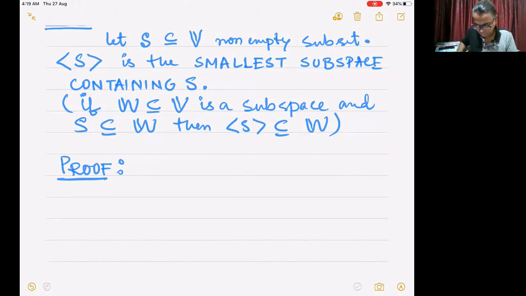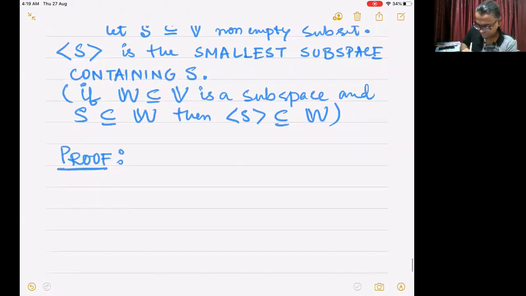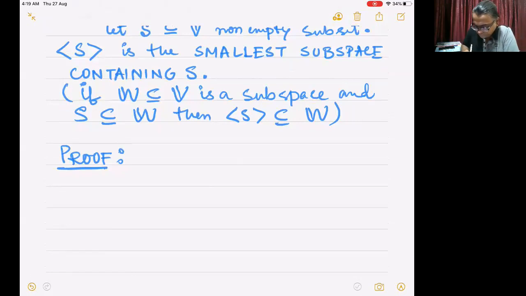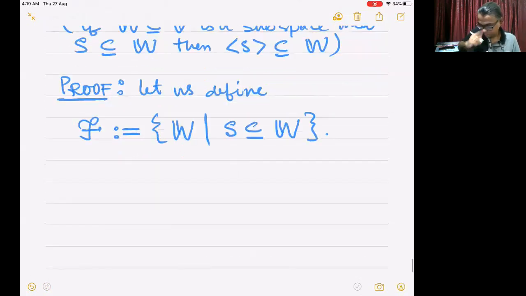Let us define the following family, that is, a collection of all W such that S is contained in W. Now I define this object. Let me call it W star.